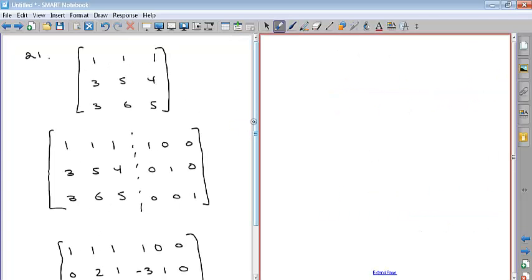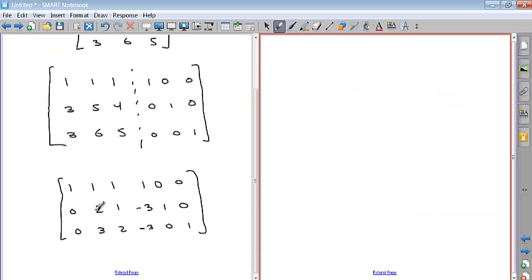Okay, what do we do now? We want to get a 1 in this position, and there's more than one option. If I divide by 2, I'm going to get fractions.